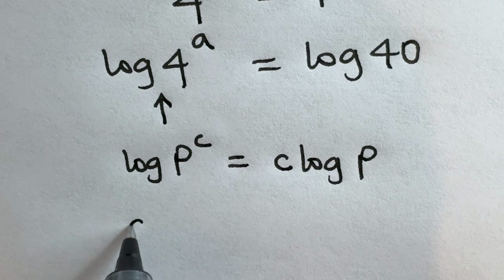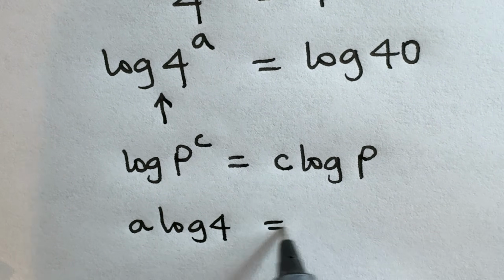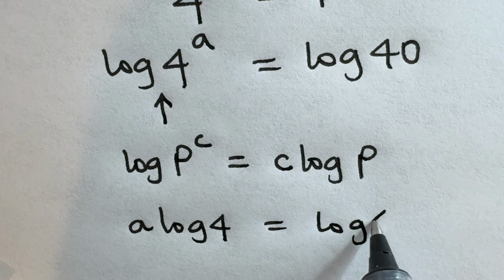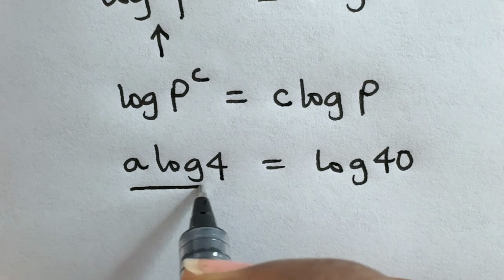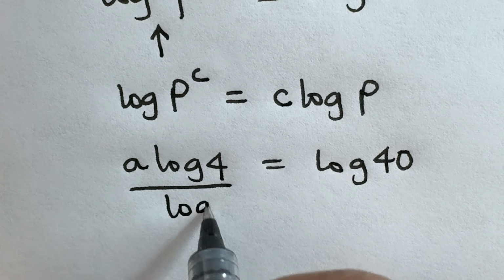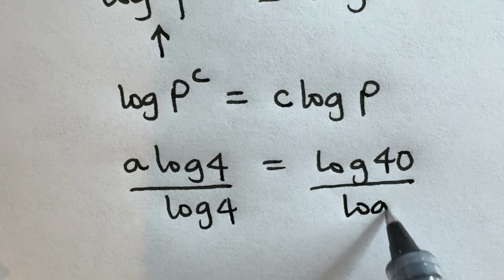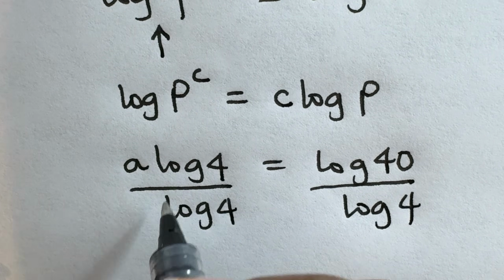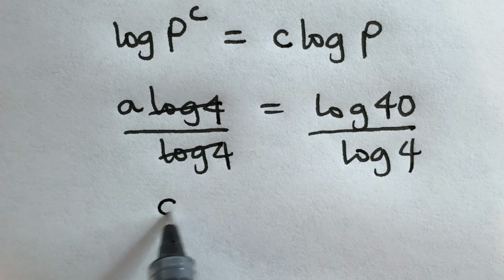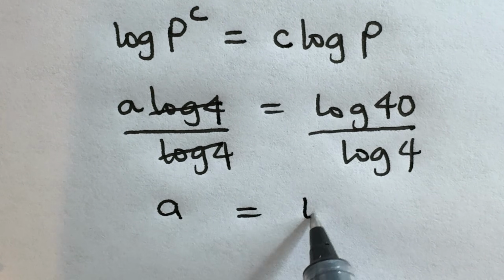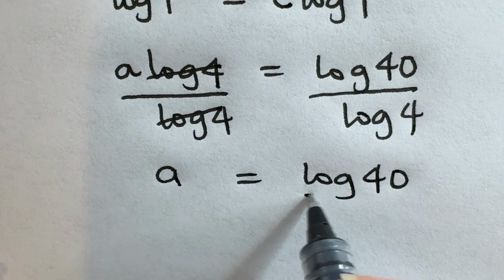So we have a times log 4 is equal to log 40. I'll go ahead and divide both sides by log 4. And then we can divide log 4 on the left. So we have a is equal to log 40 divided by log 4.